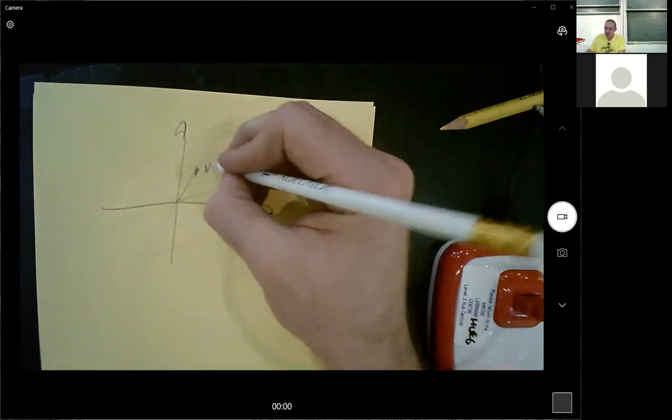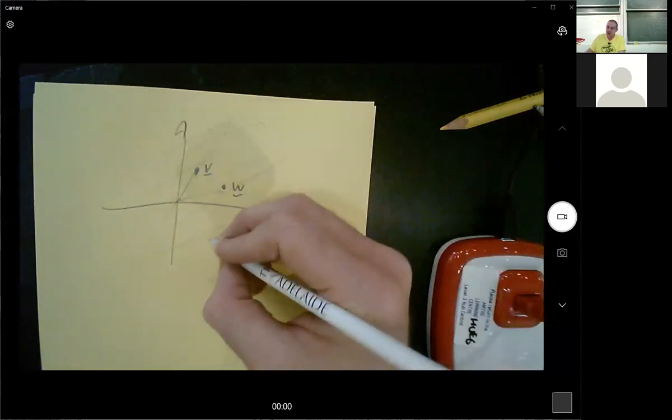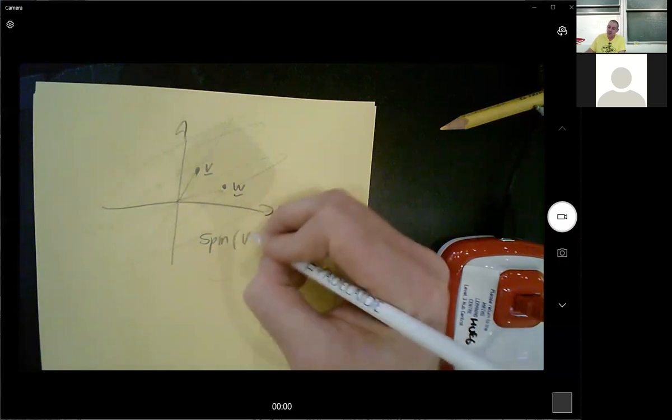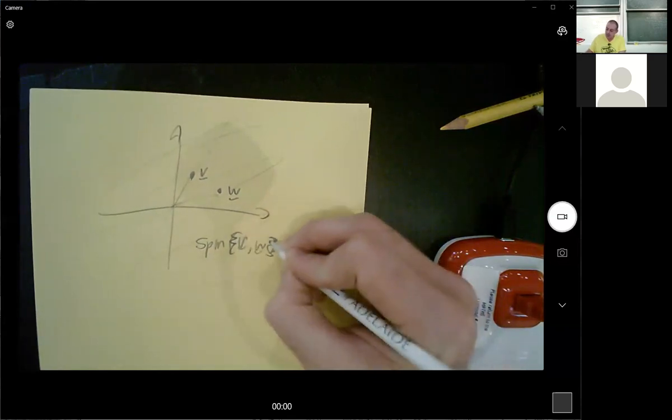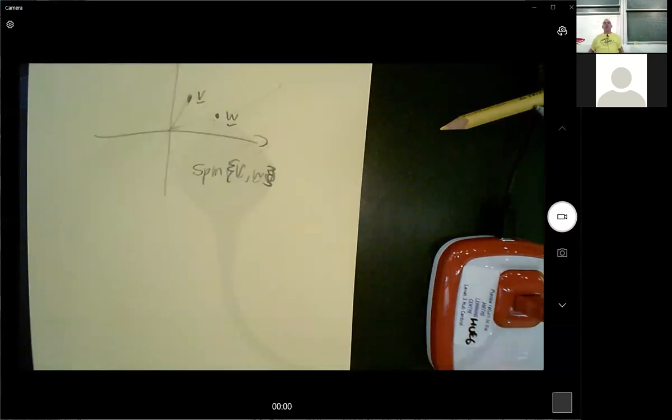So if this is the vector v and this is the vector w, then all of this would be the span of v and w. And I said that a span is a subspace. And I haven't talked about why it's called sub and why it's called space. And I will talk about that now, unless someone has anything else to clarify that I've said already.